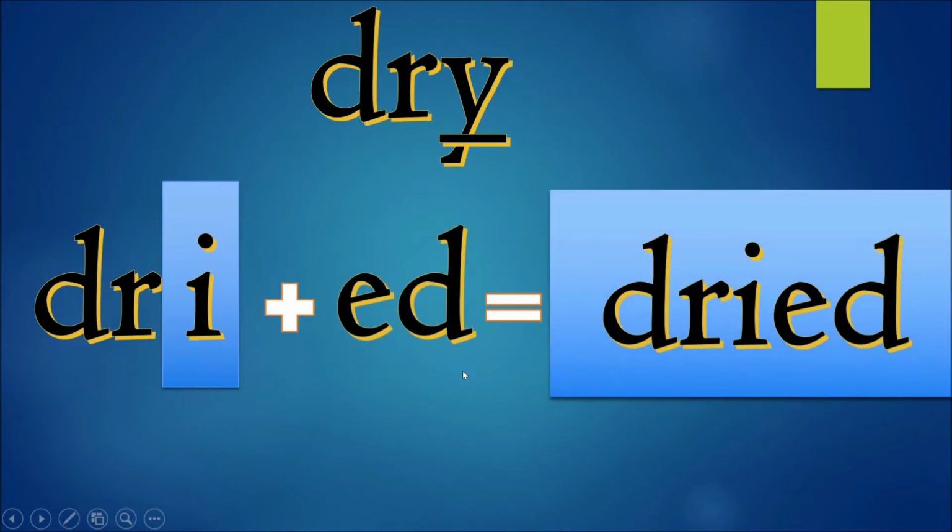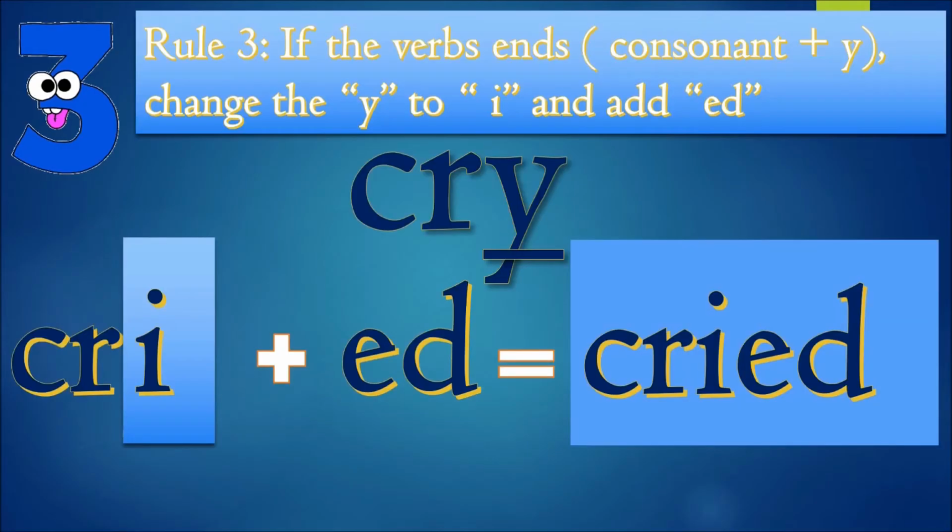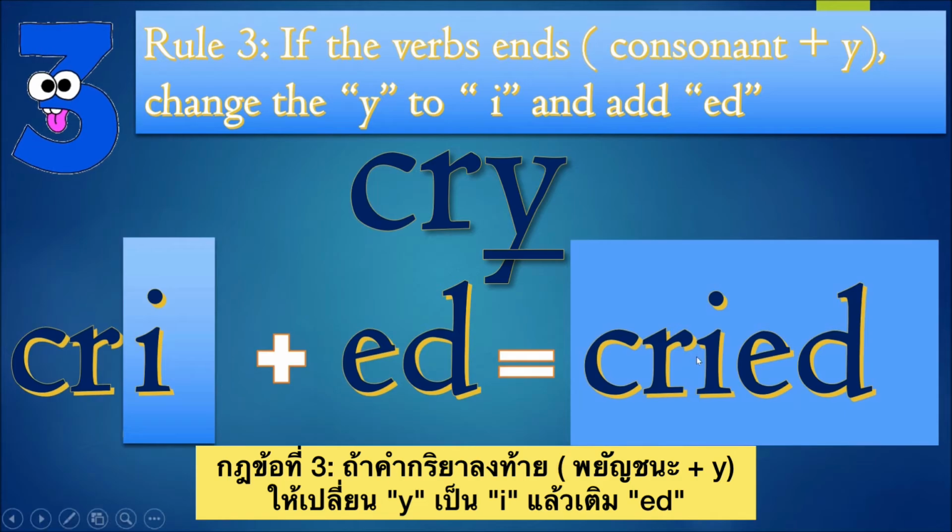And then the word will become dried. Okay? Do you understand? So you have to remember, if the verb ends with consonant followed by Y, change the Y to I and add ed.